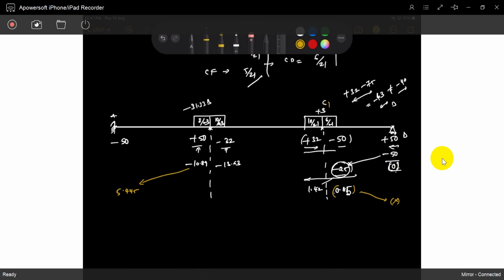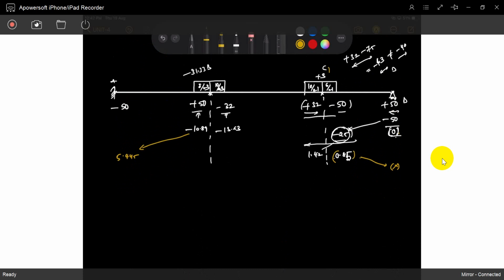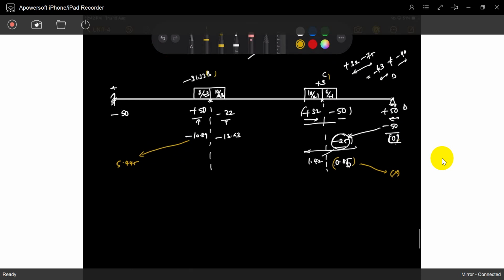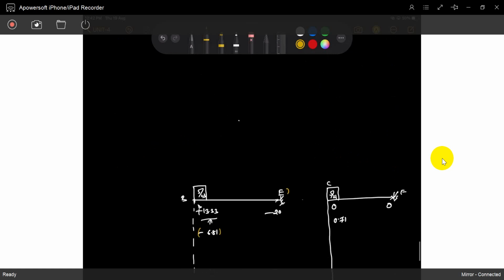Now comes the joint part. Joint B: BA has 10.89, so the carryover comes to 5.445. One thing, for BE we applied minus 6.81, so the carryover moment is half. What is that? 6.81 divided by 2, it's 3.40, and it's a minus, minus will come.